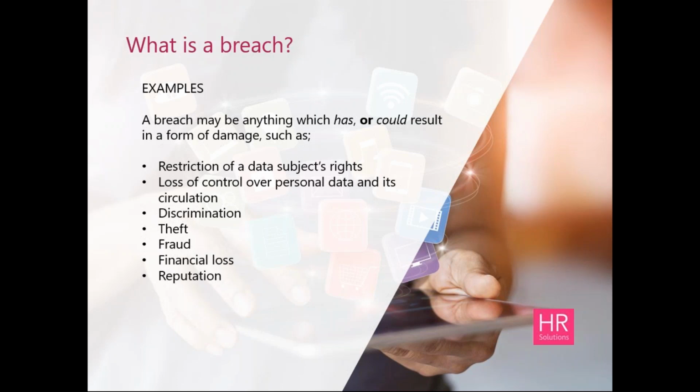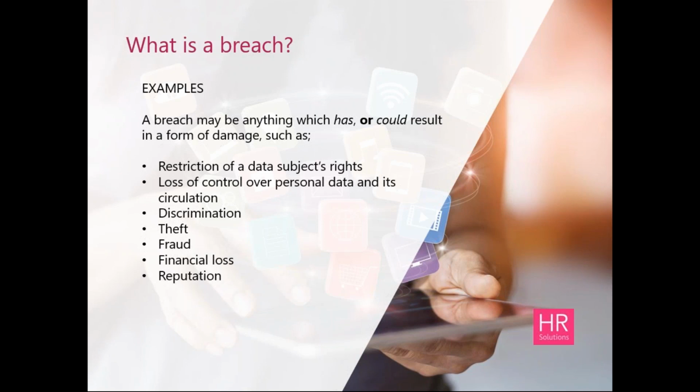If a breach led to any theft from the data subject or fraud of the data subject, so identity fraud or theft, any financial loss of any kind, really, including any reputational damage that the data subject might suffer from, these are all going to be examples of breaches. So any of your measures that are breached and could lead to a detriment such as this is going to be a breach.